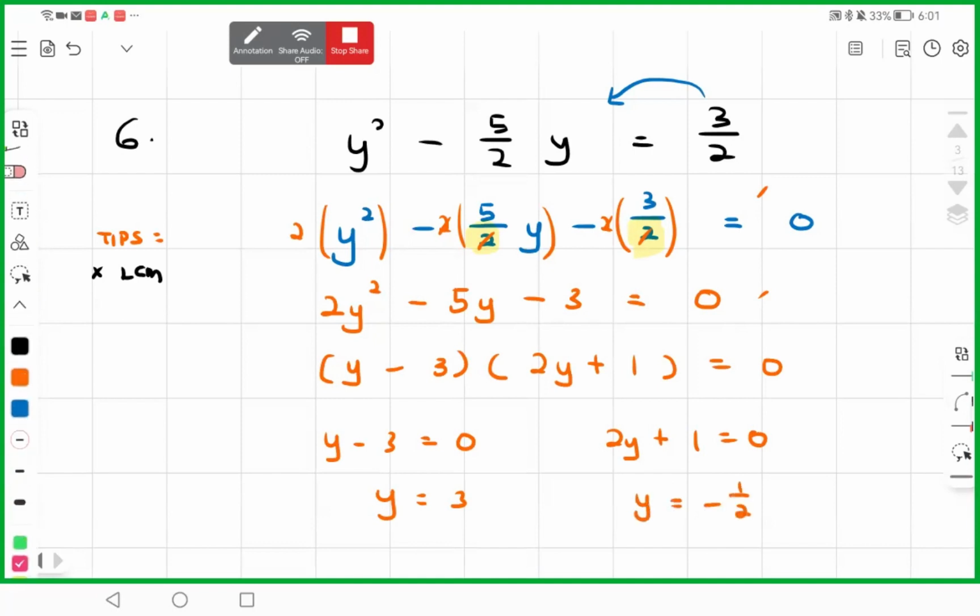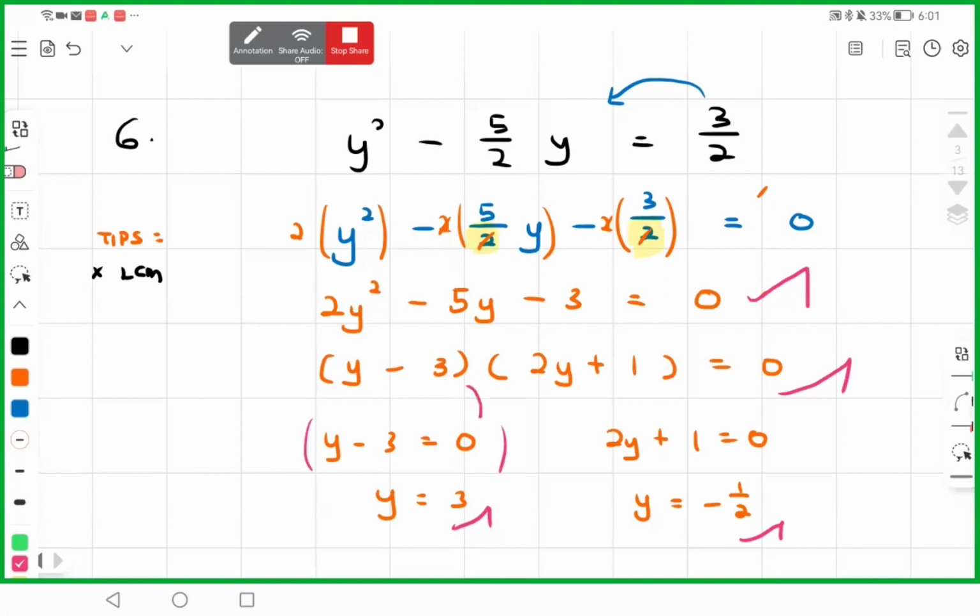Which of the workings must you write? First, rearrange and let it be 0. This is a must. Second, the factorization with the brackets equal to 0, and the answer. If you want to write this one, you can, because it looks neater and more tidy.